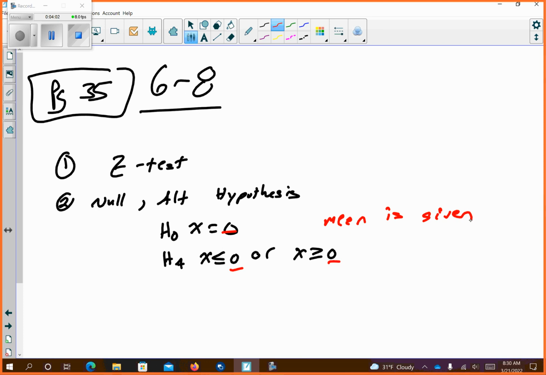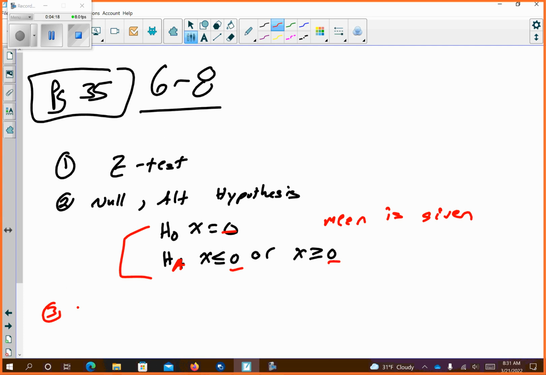Okay? So you don't have to write the entire sentence. You can shorten it quite a bit just by creating your null and your alternative to look like that. That's an A.